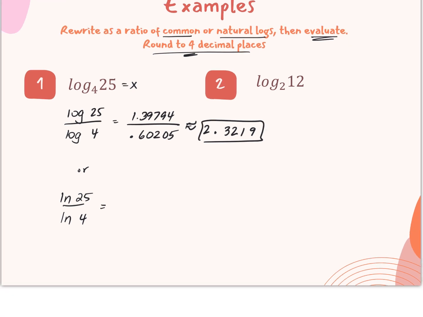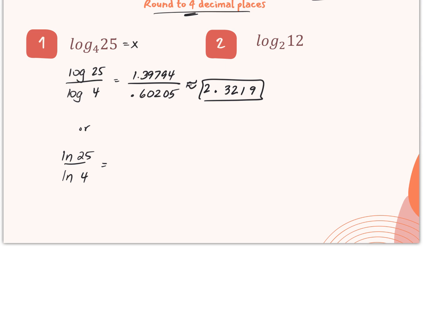And if I did natural log, I just want you to see that that also works, and I want you to try that on your calculator. The natural log of 25 is 3.21888. The natural log of 4 is 1.38629.